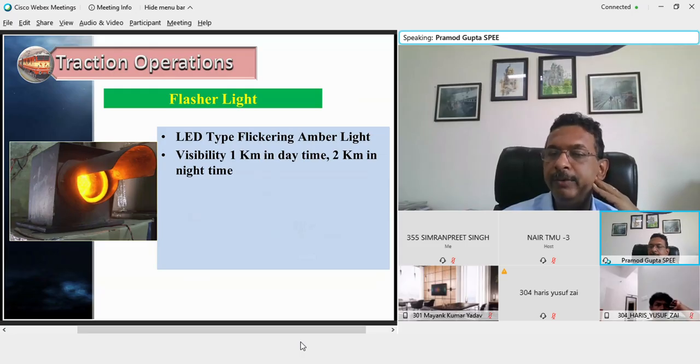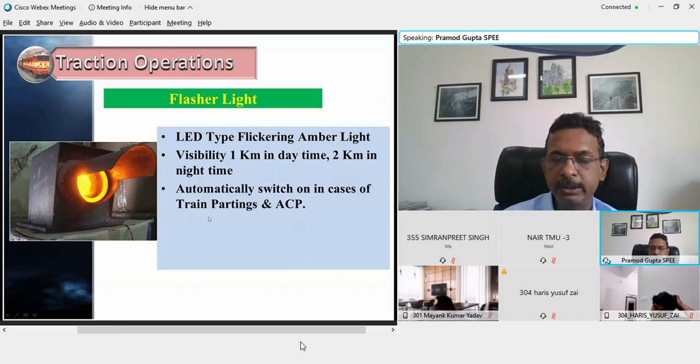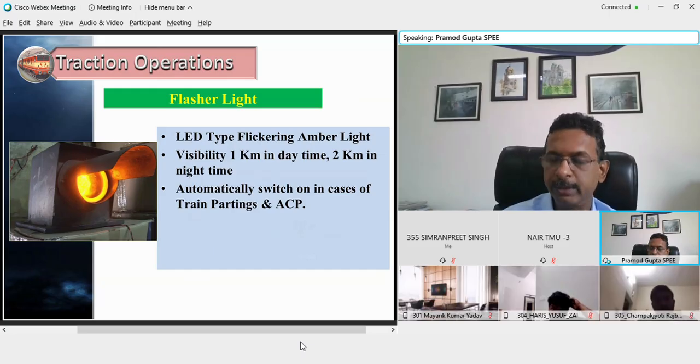During sunlight, we can see a flasher light at a distance of 1 kilometer, and it is 2 kilometers during the night time. So 2 kilometers is quite a distance for the loco pilot of the train coming from the opposite direction to see if something is wrong in the train moving on the different track.